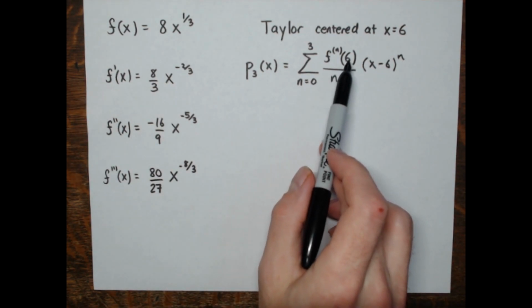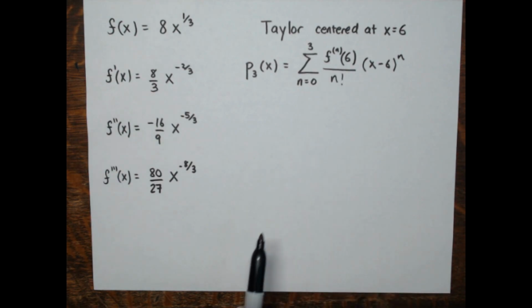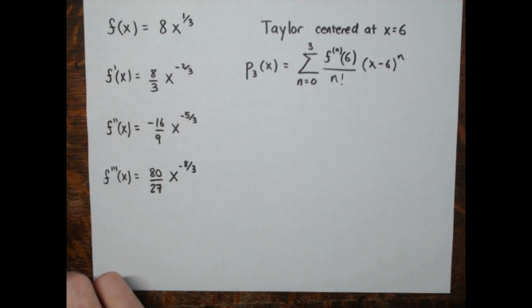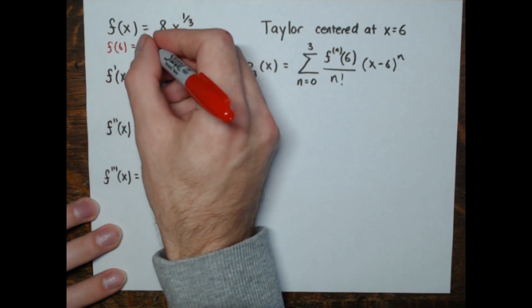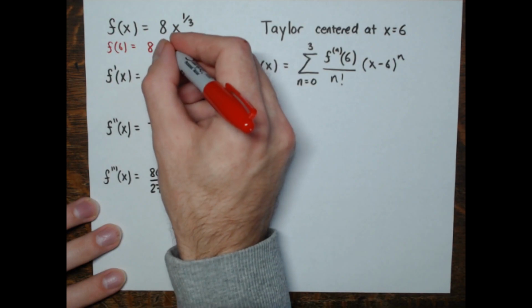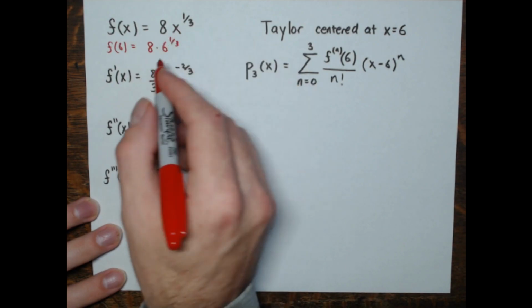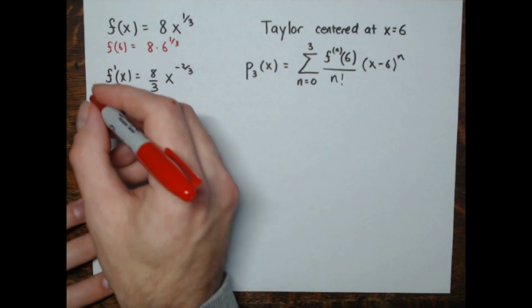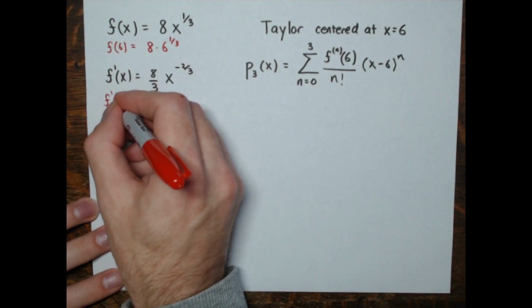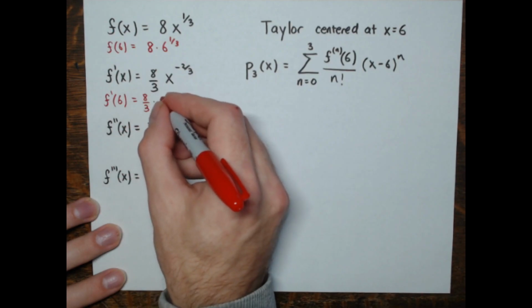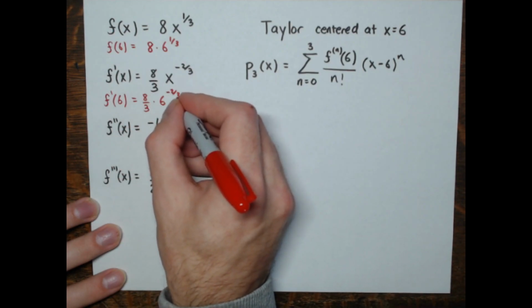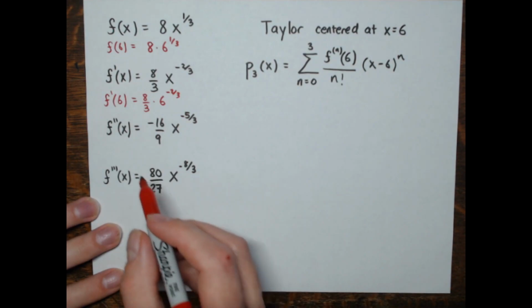And then I plug in 6 to all these. So this is going to be pretty ugly, as the cube root of 6 is not a nice number. So f of 6, plugging in the center, I'm just going to write it this way, 8 times 6 to the 1/3. And then the first derivative at 6, 8/3 times 6 to the negative 2/3, whatever that number is.